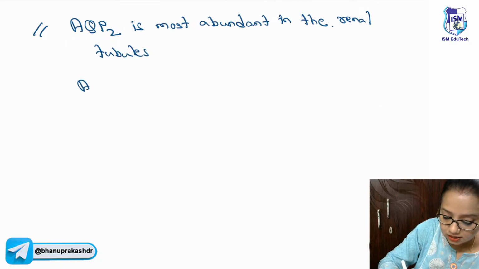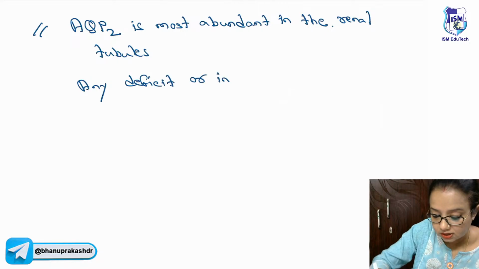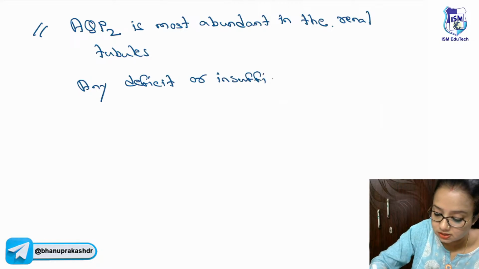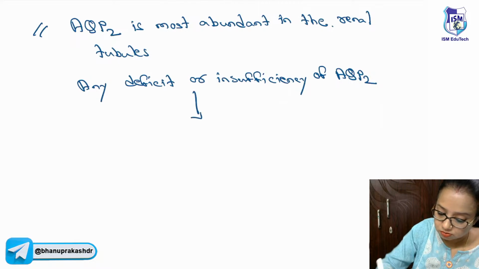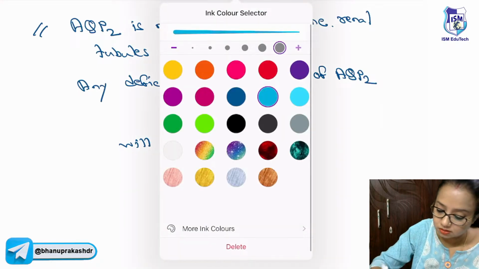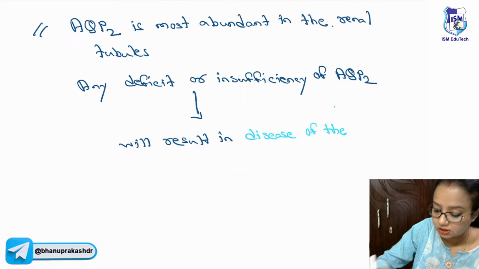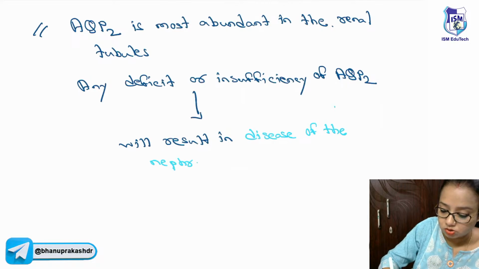So any deficit or insufficiency of aquaporin 2 channel will result in disease of the nephrons.